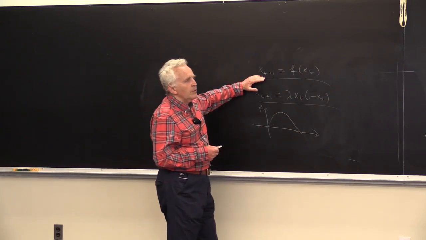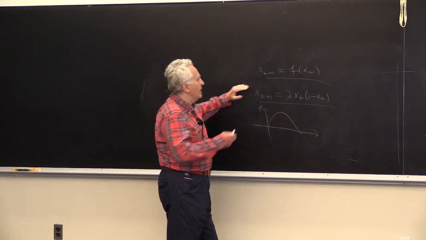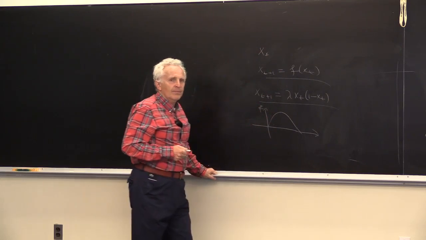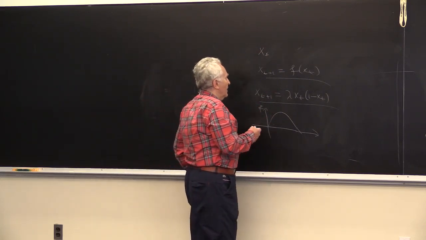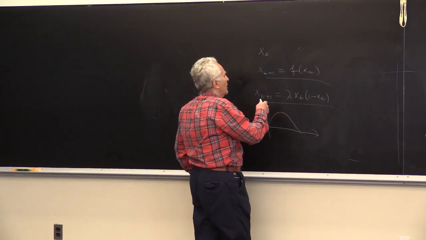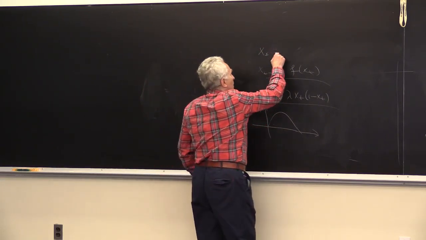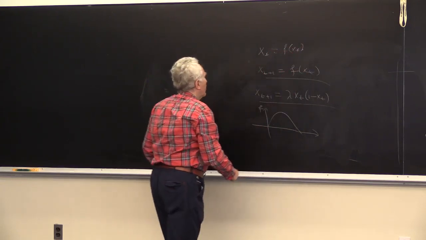When you are given this equation, what is the equation for the fixed point? Let's call the fixed point x star. So you want x_{t+1} minus x_t equals 0. Yes, so that implies x star equals f of x star. That's the equation for the fixed point.